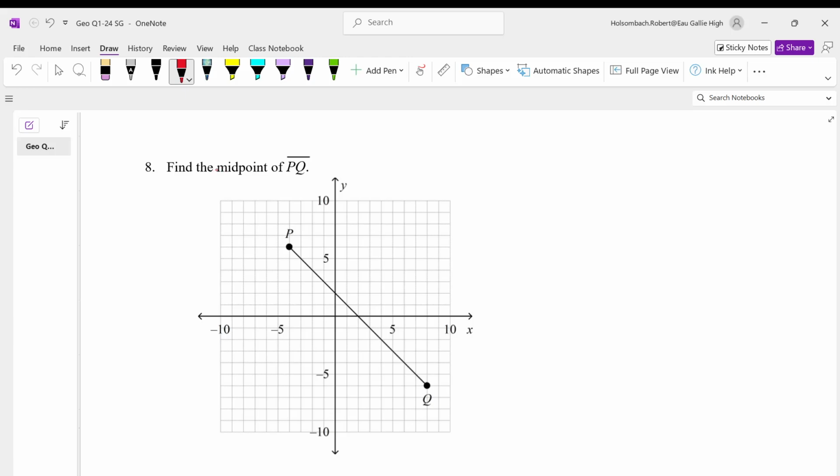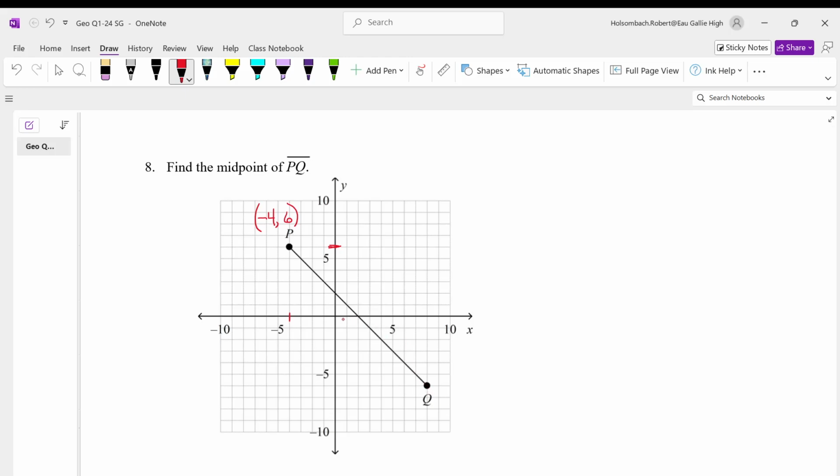All right, we need to find the midpoint of P to Q. The first thing we're going to do is find the coordinates of P and Q. Point P is at -4, 6. -4 on the x-axis, 6 on the y-axis.